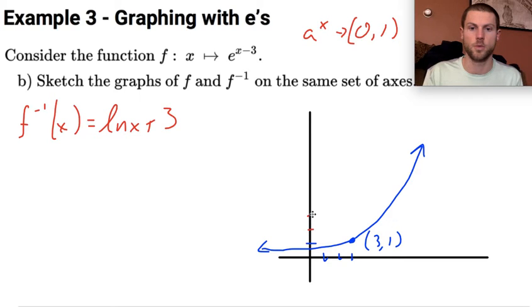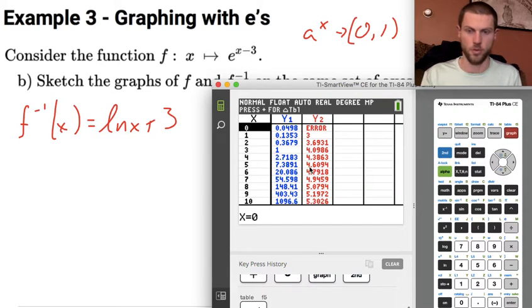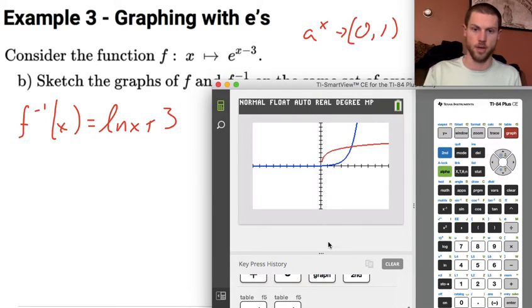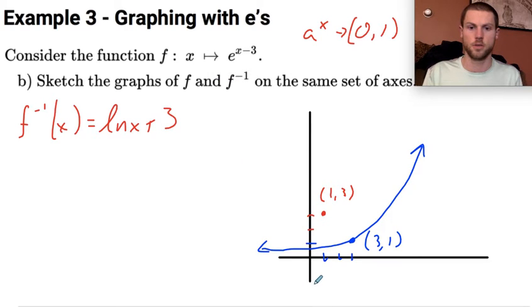So let's plot that one as well. 1, 3. And we can look back and forth between our graph just to make sure we have this right. It's coming up with that asymptote of x equals 0, and it's veering off towards infinity. So it looks something like this.